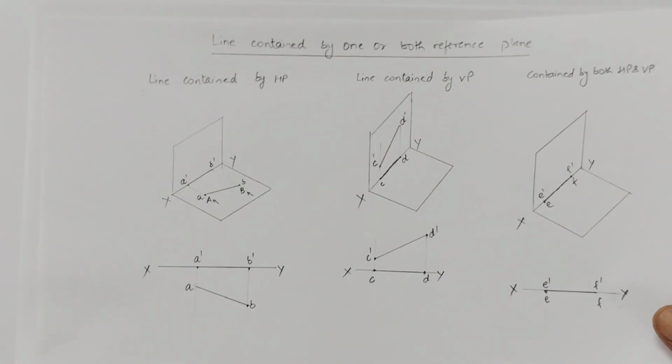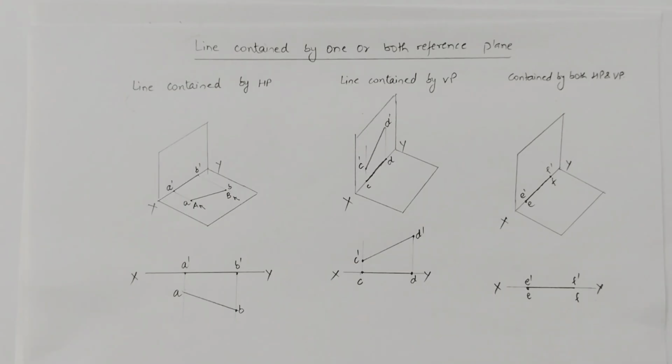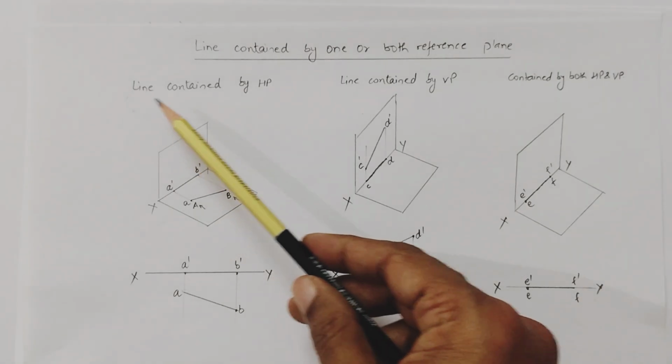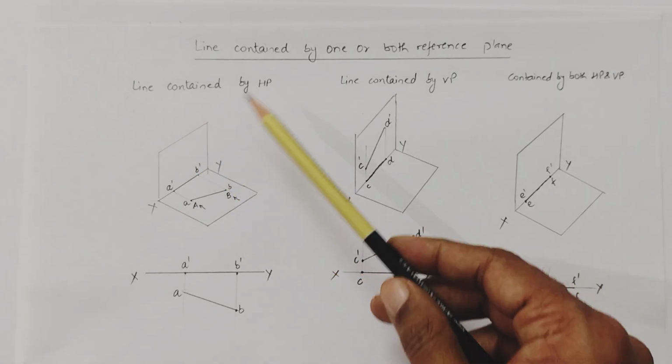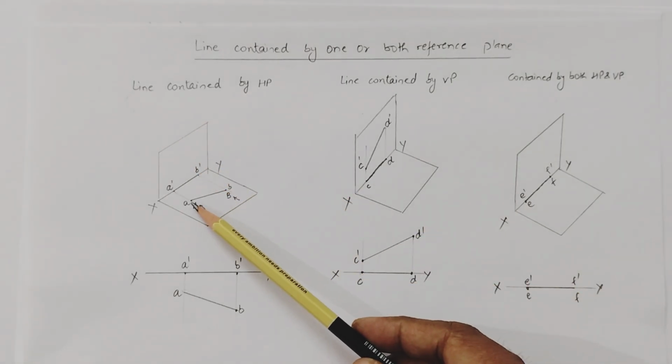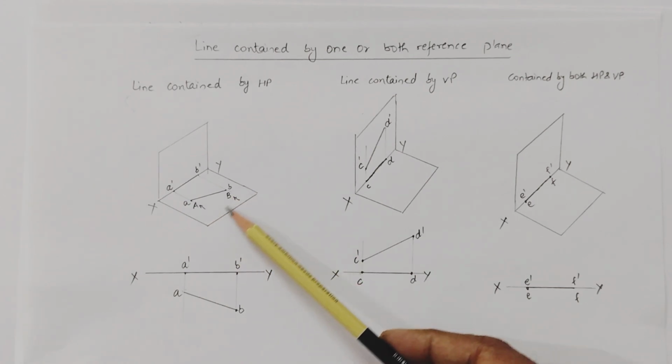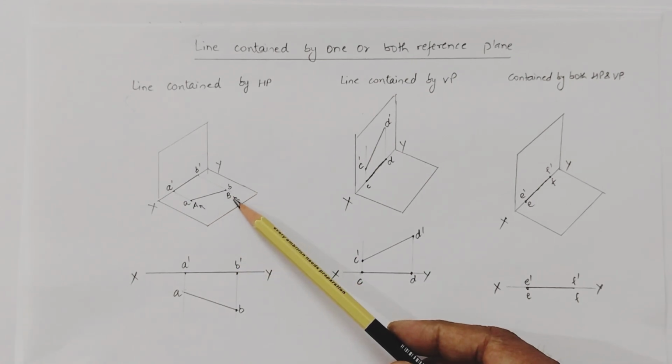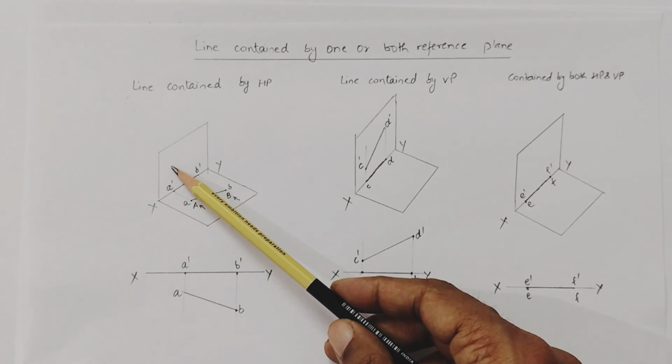Next case is the line contained by one or both reference planes. So I am taking the first case, line contained by the horizontal plane. So you can see here the line AB is fully contained in the horizontal plane and is inclined to the vertical plane.